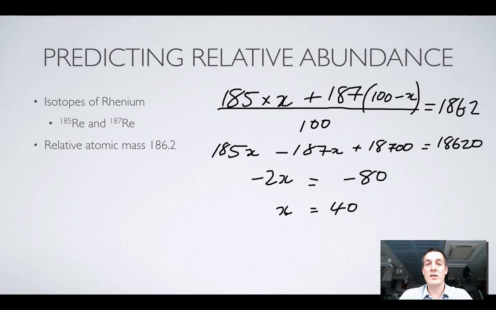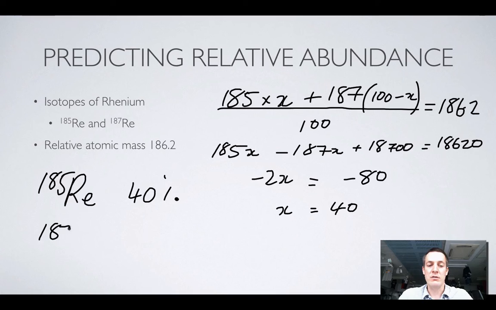Now remember, what was X? Well, X was what I decided I would call the percentage of 185 atoms. So the relative abundance of these things, 185 rhenium has a percentage abundance of 40%, and 187 rhenium has a relative abundance of 60%.